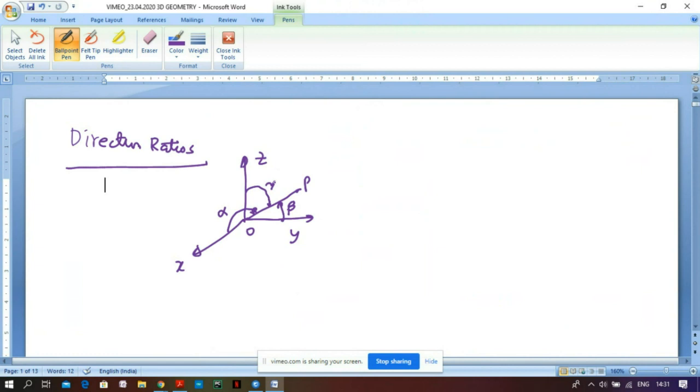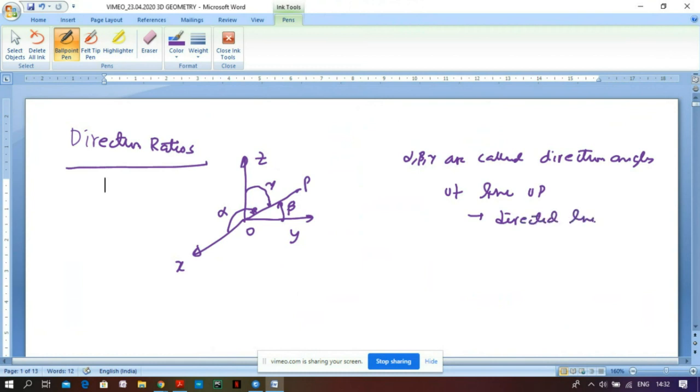So this is gamma. Now these numbers alpha, beta, and gamma are called the direction angles of line OP, or sometimes the directed line OP. In vectors, it makes more sense to talk of a directed line. In 3D geometry, we may not care much about this distinction.